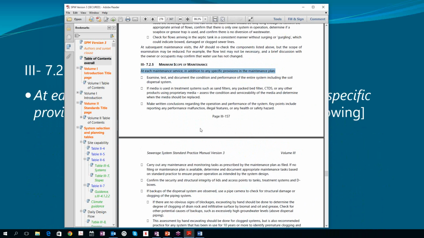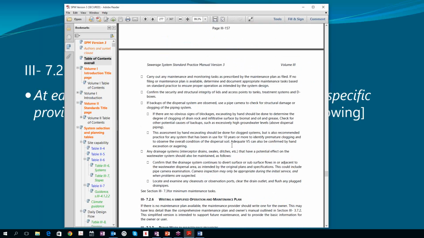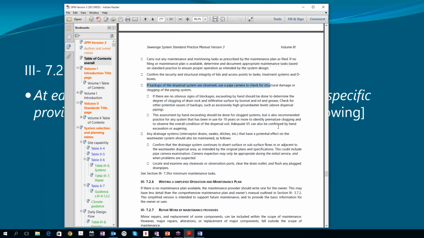So, two points there. One is that we have to follow the maintenance plan. The second is that if the maintenance plan doesn't capture some of the things that should be done, then we got to do it. It could have left out assessing the condition of media. It could have been all kinds of things. It mentions there if backups are observed, use a pipe camera to check.